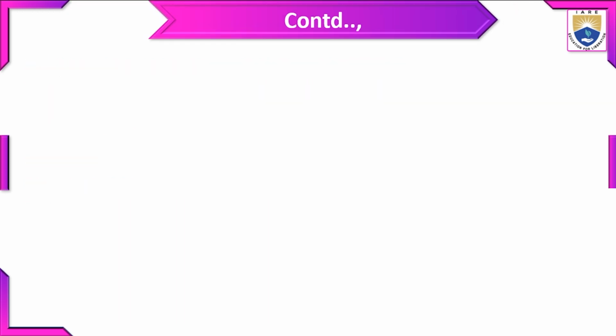Here we write first m(t). m(t) is nothing but the message signal. So that is cos 2πf1t plus cos 2πf2t plus cos 2πf3t. Why?